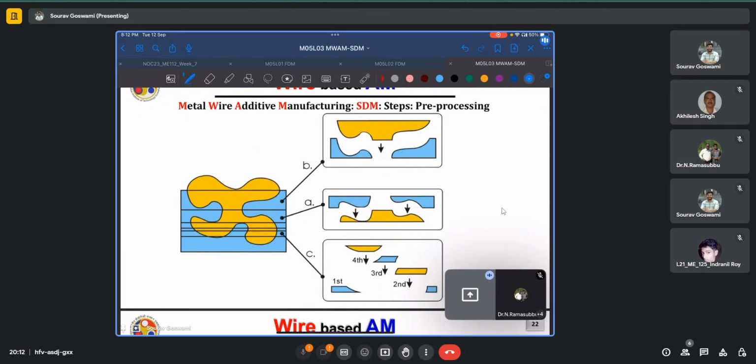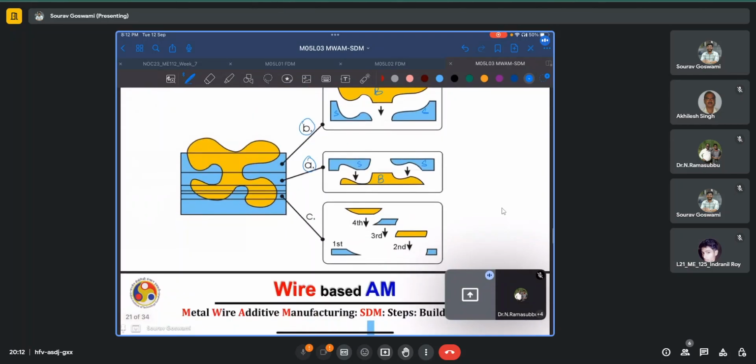We see that in segment B, we first have to deposit the support material, machine it, and only then can we deposit the build material, which is in yellow here. Whereas in segment A, we find that first the build material has to be deposited, and only then the two sections of the support material can be deposited on top of it. So in a way, the build would actually be supporting the support material.